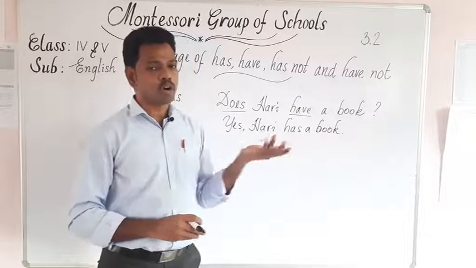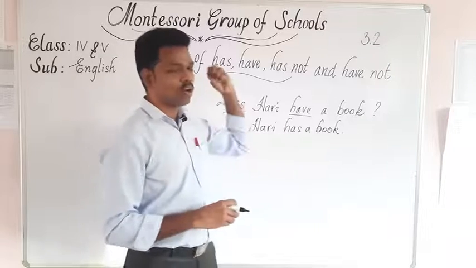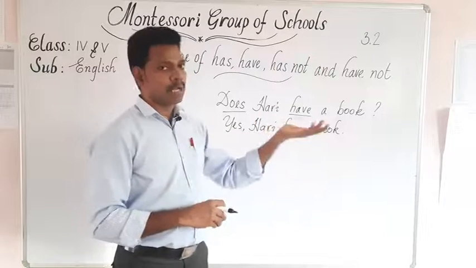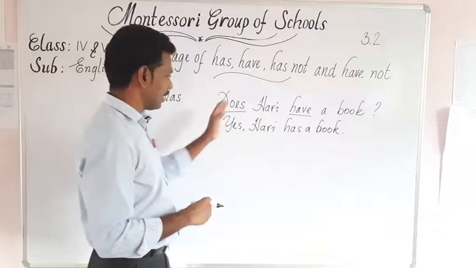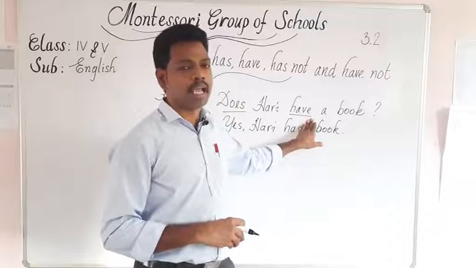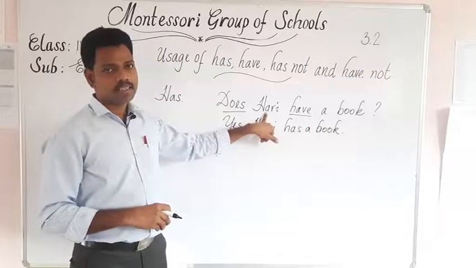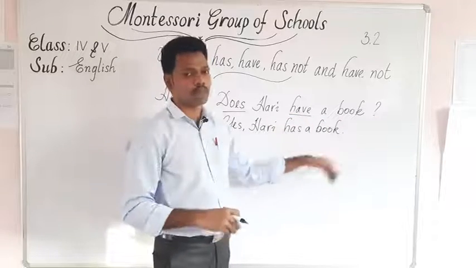The remaining, do plus have or do not plus have, is for first person singular plural, second person singular plural and third person plural. Whereas does plus have comes only in third person singular like he, she, it, here, Hari. Okay, so does Hari have a book? Yes, Hari has a book.